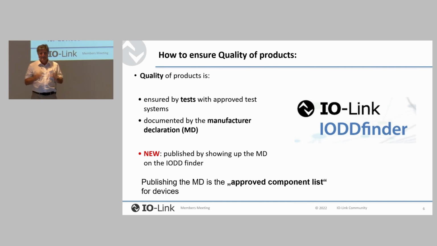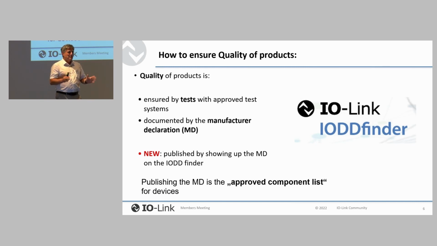The word IODD finder may not be the right one anymore, but it's a good way to do this. And why did we do this? The reason is that the IO-Link community rules, which each of your companies signed with PNO, already always said that there will be a so-called approved component list of components.